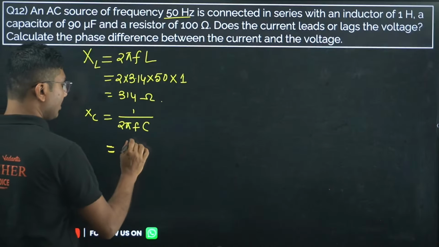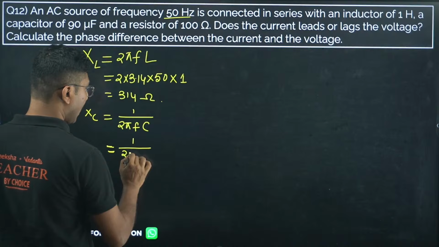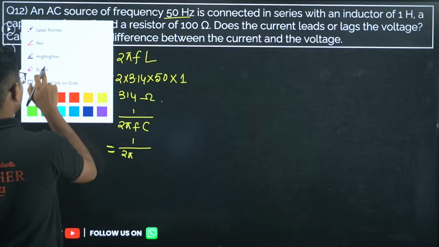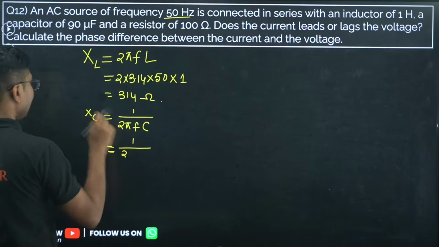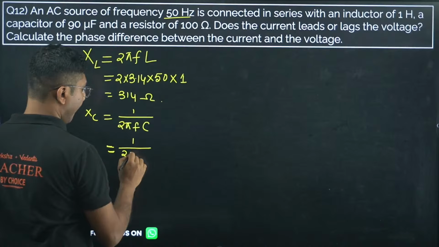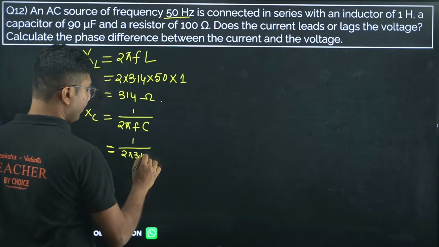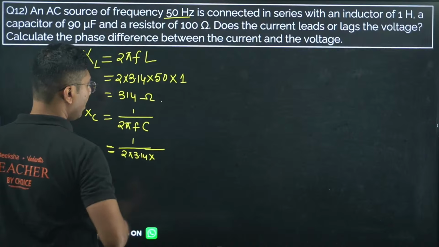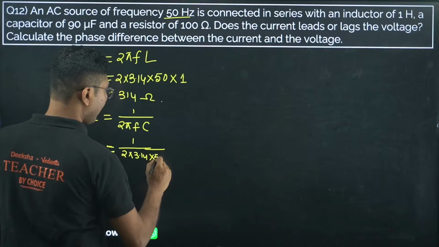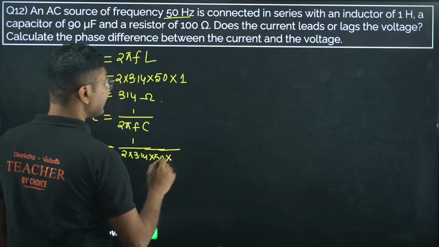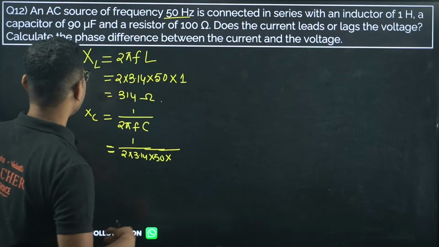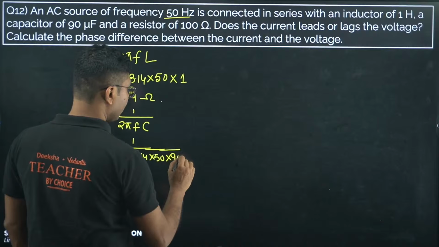Okay, so it will be 1 by 2 pi, 2 pi is 3.14. Now calculate XC. 3.14 into f is 50 into C is 90 microfarad.